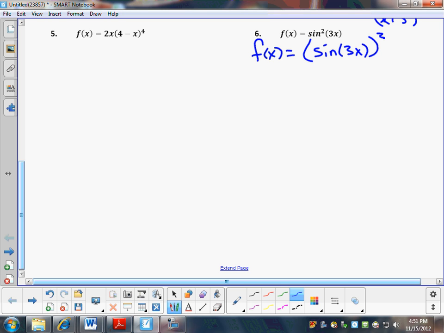As you can see here, I really have two inside functions. One inside one is the 3x. The other inside one is sine of 3x. So I really have to use the chain rule twice. So we'll set it up.